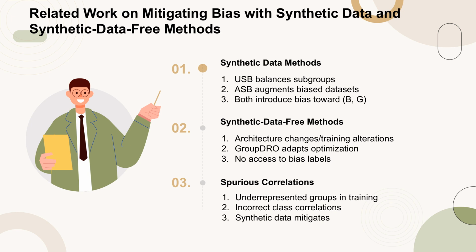These include group DRO, which adapts model optimization based on the worst-performing group, and methods that operate without bias labels. Additionally, our work addresses spurious correlations, where underrepresented groups in training lead to incorrect class correlations. Synthetic data is shown to be effective in mitigating these spurious correlations.